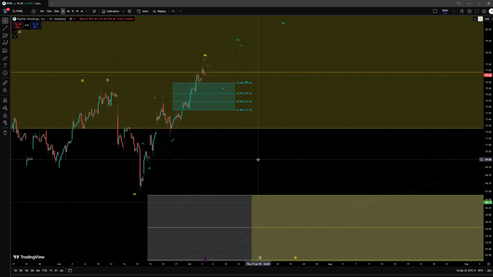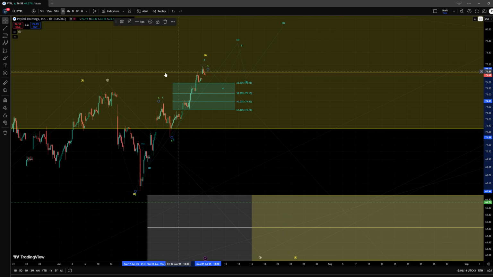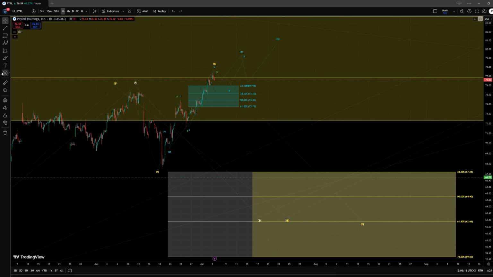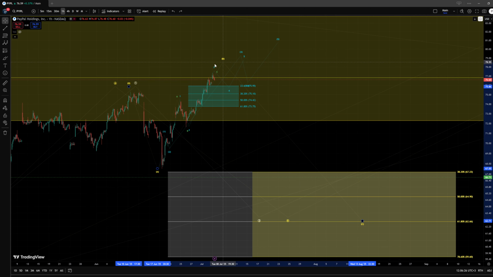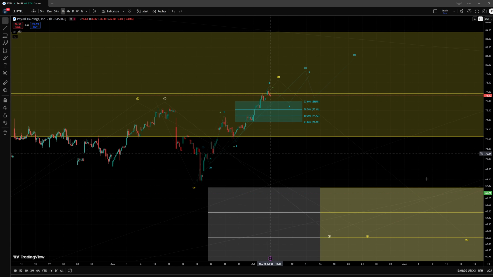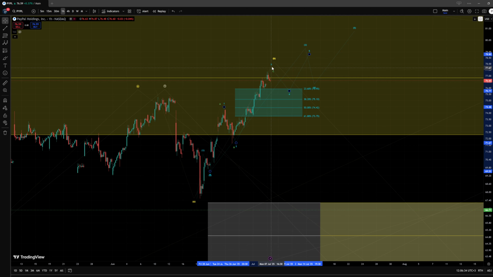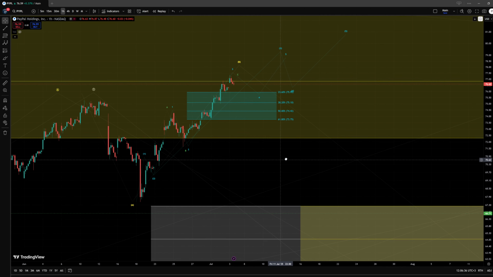Now there's still a possibility that we will get to it, and that is the case where we are forming an A, B, C correction to the downside with an overshooting wave B. And within this wave B, I would still expect maybe a slightly higher high here.